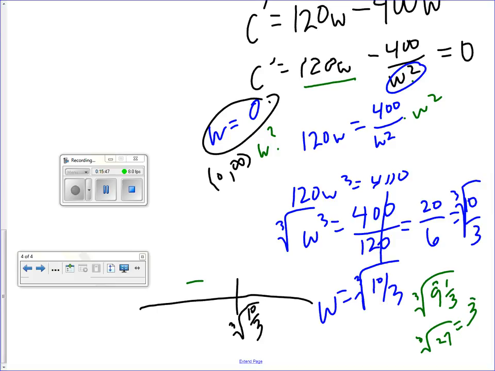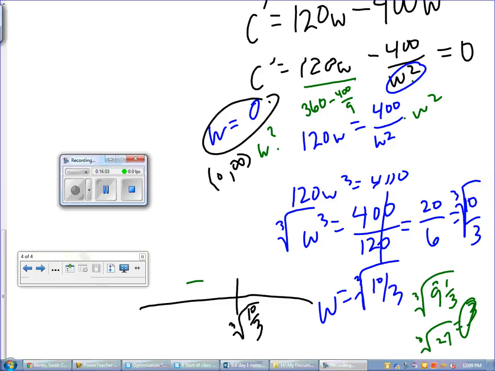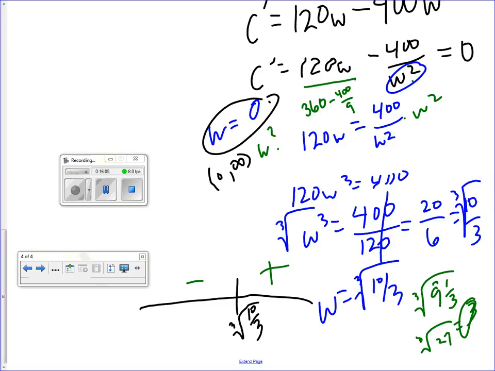So I'm going to pick 3. So plugging 3 in, 120 times 3, I do need to jot this one down, is 360, and then minus 400 over 9. I'm going to go to my calculator here. I'm getting a positive value. So I can tell that's my only critical point. I can tell that that's going to be a minimum.